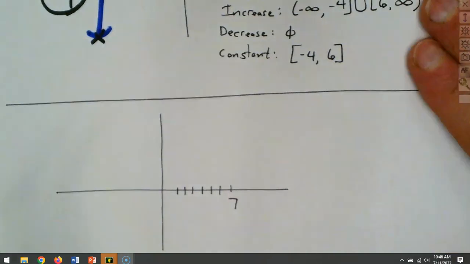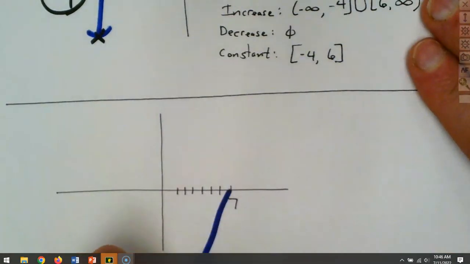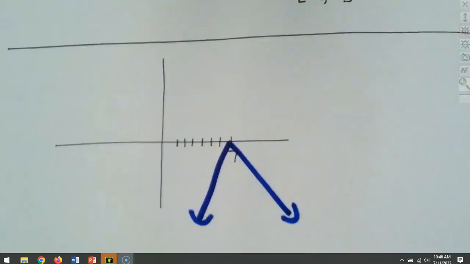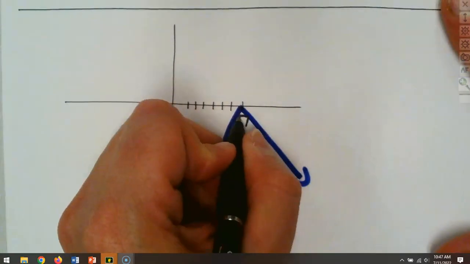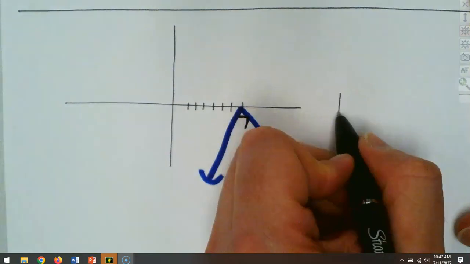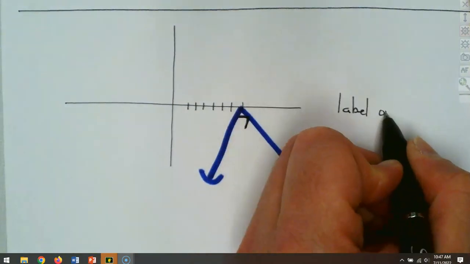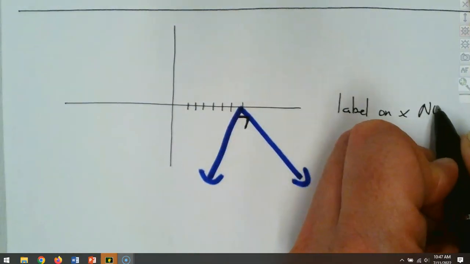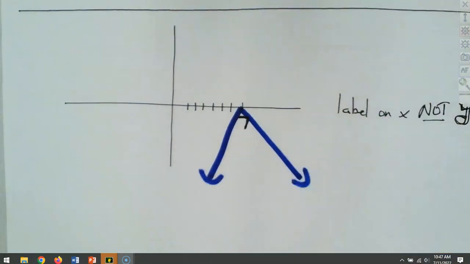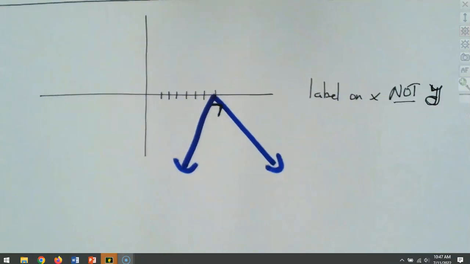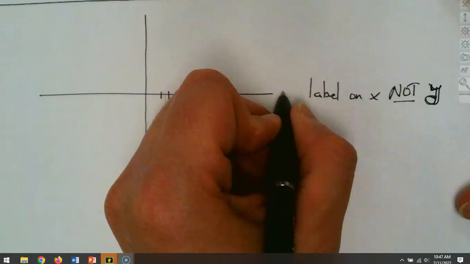Let's do one more. I'm not even going to label the y-axis because the y-axis is not what we're looking at. You have to label on the x. So do not label it on the y-axis, only label it on the x-axis. So don't even worry about the y-axis at all.